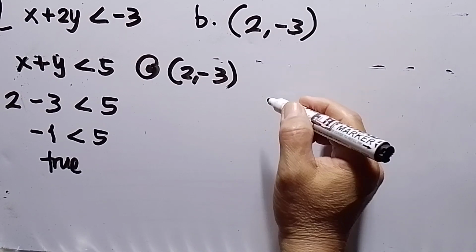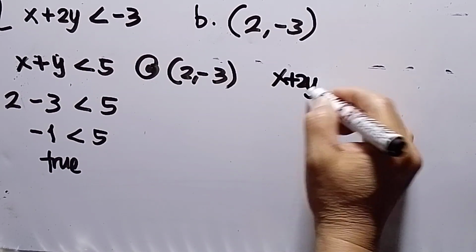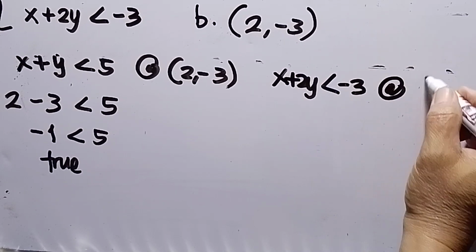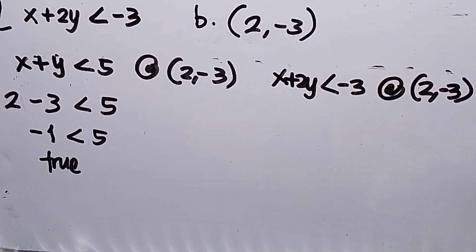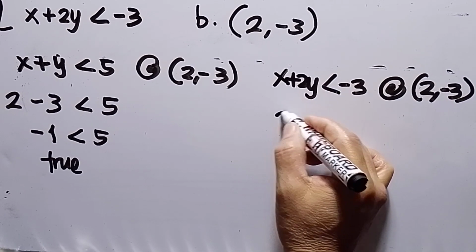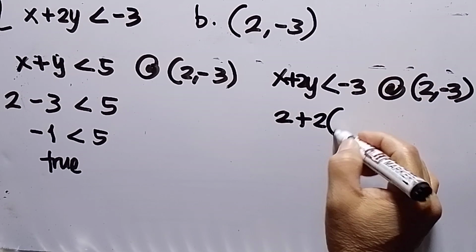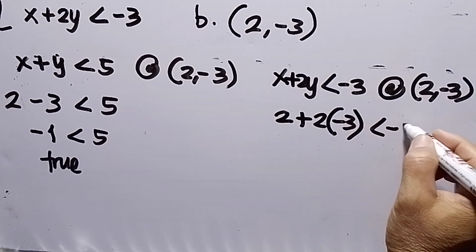Then how about the second equation? So this will be x plus 2y less than minus 3 at 2 and minus 3. So this will be 2 plus 2 times minus 3 less than minus 3.